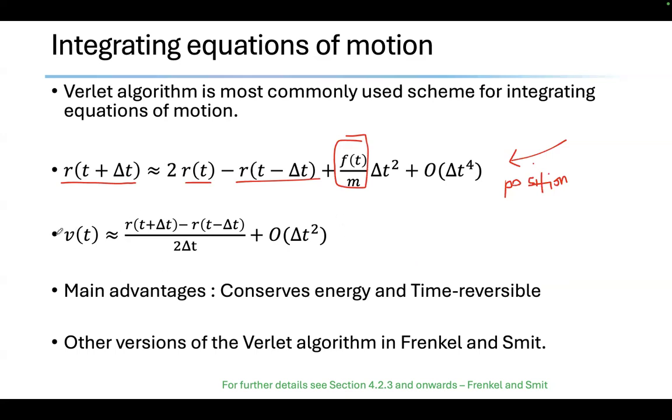This is the formula for calculating the velocities of particles, using the positions that you have calculated at r of t plus delta t and the positions at r of t minus delta t. Note that the order of accuracy for the positions is around delta t to the power 4, and here the order of accuracy is delta t squared.